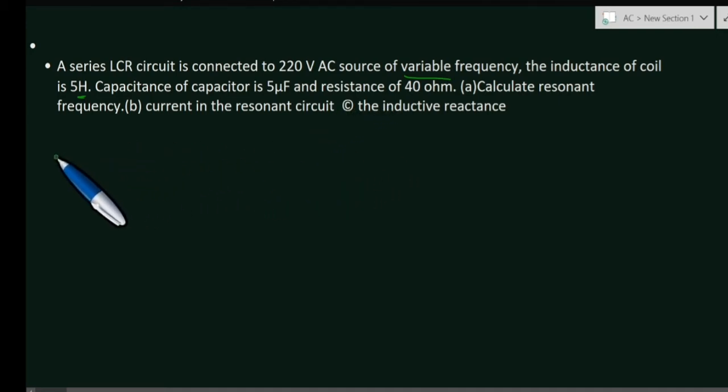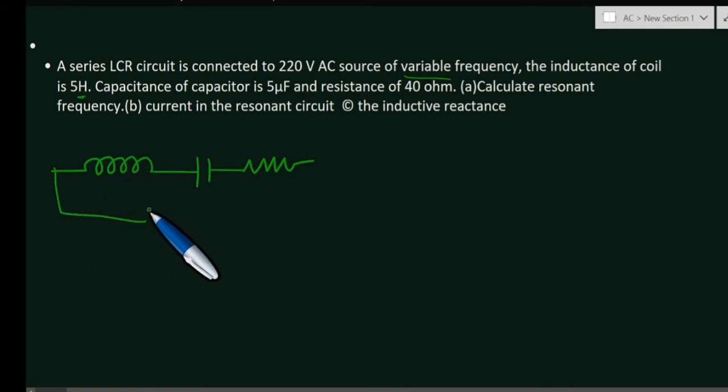So they have given a series LCR circuit consisting of L, a capacitor, and a resistor, connected to an AC source of 220 volt, but the frequency is variable.